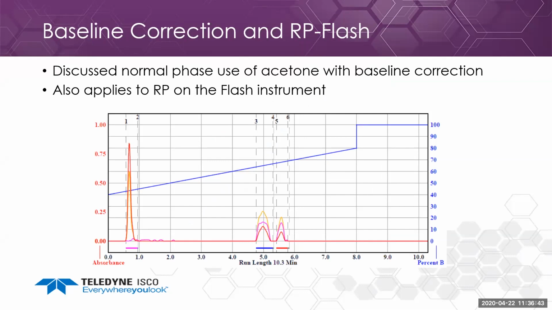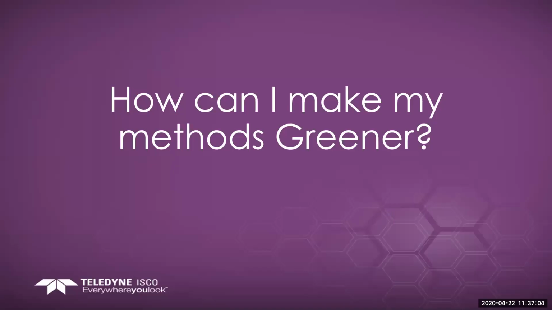So water acetone mix here. You can see the baseline rise is not an issue. We're able to get clean elution of our peaks using acetone here. So at least for reverse phase flash with baseline correction, you're able to open up your toolbox a little bit more by being able to use some UV absorbing solvents.